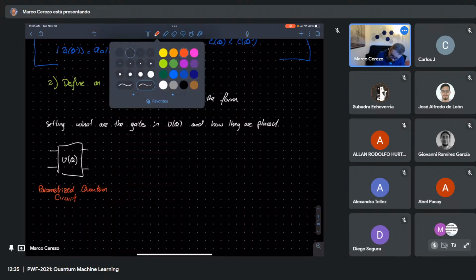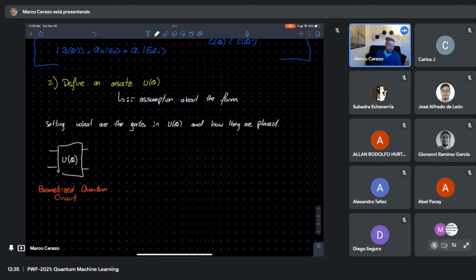Usually what we're going to be doing, and we're going to see that this is in general case specific, is that the form of the parameterized quantum circuit is going to depend on the implementation that we're going to have in hand. In just a second, whenever we see a couple of specific implementations, I'm going to specifically give you what is the appropriate choice for that.